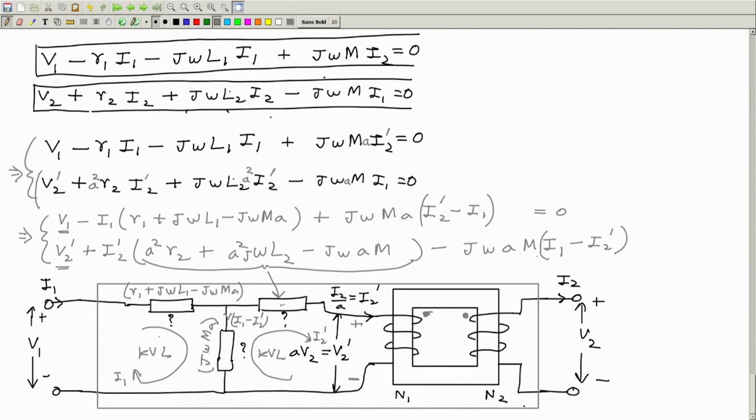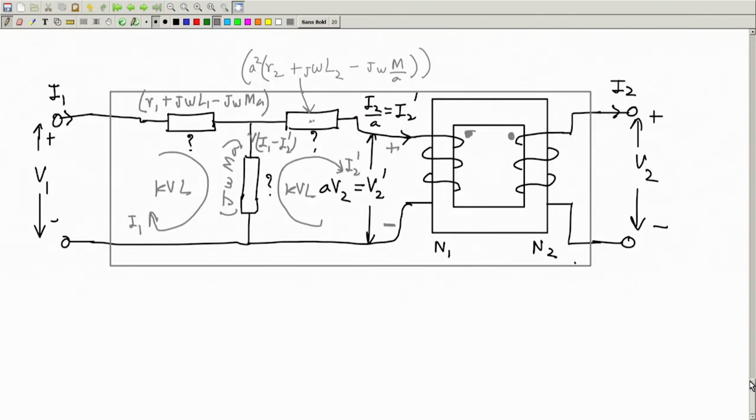Okay, so this is the equivalent circuit, in which now we can redraw this impedance like a series combination of a resistance and an inductor. So this resistance is R1 and this inductance will be L1 minus MA.